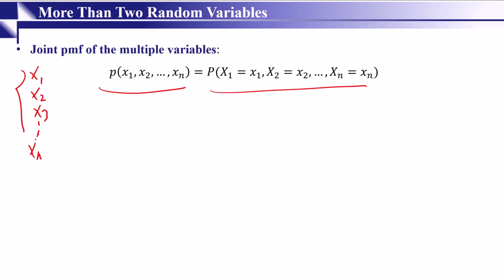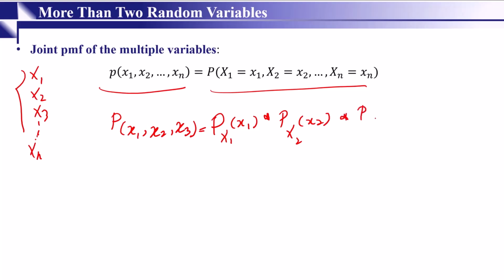So once again, we have random variables like x1, x2, x3 up to xn, and they are independent. It means their joint PMF equals the product of their marginals. For example, the probability of x1, x2, and x3 equals the probability of x1 multiplied by the probability of x2 multiplied by the probability of x3.